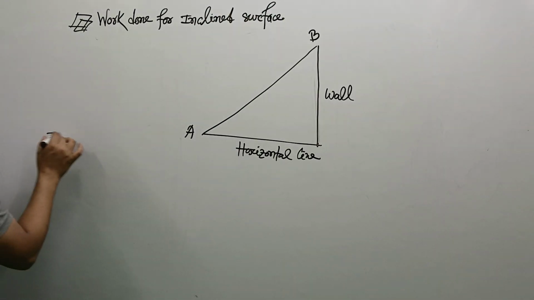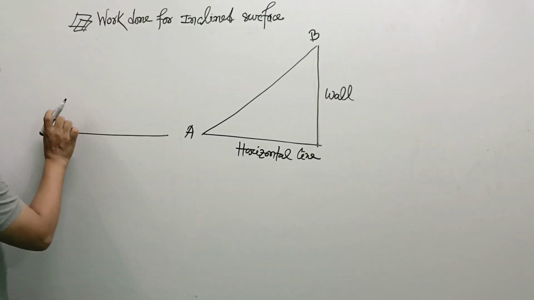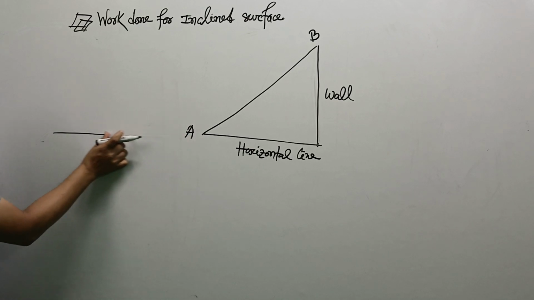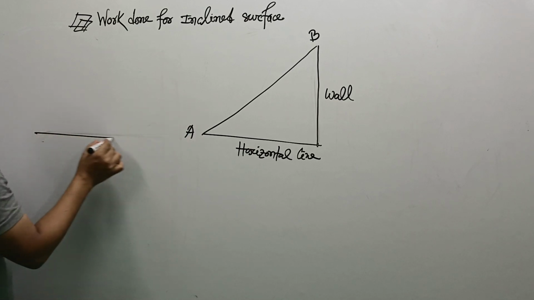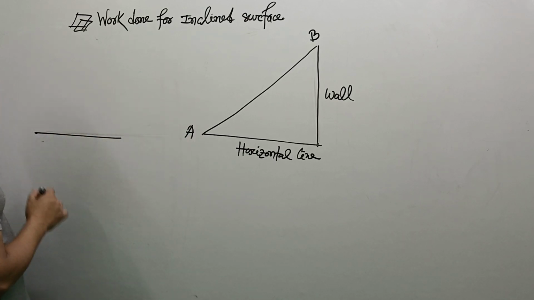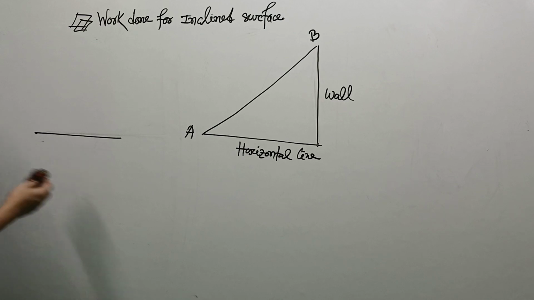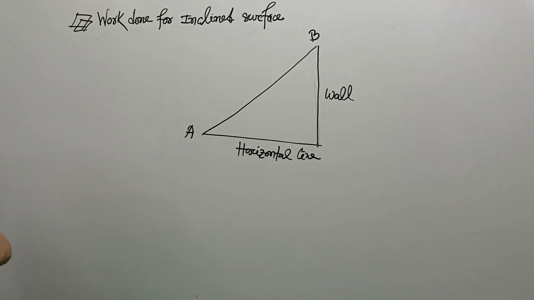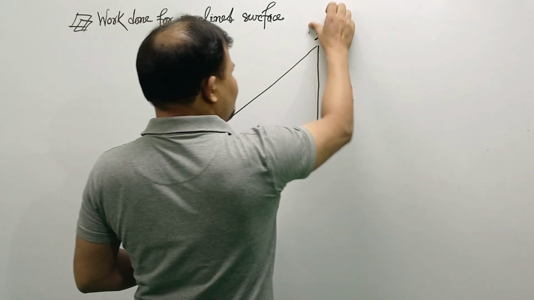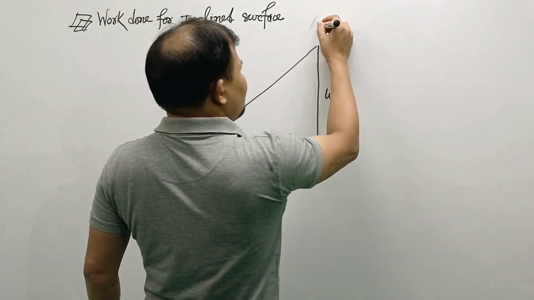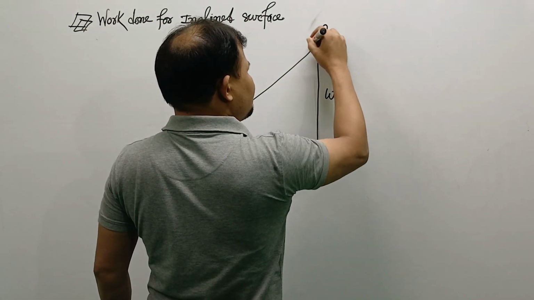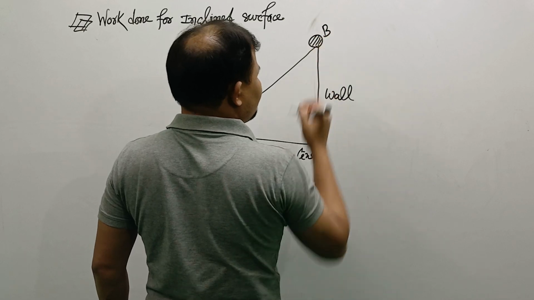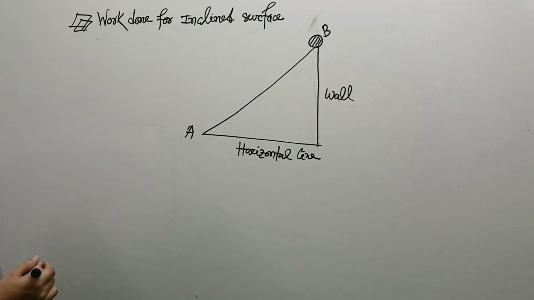Here we also give you another diagram. Suppose this is the horizontal surface. Now at first we give the explanation of this diagram, then we write this. Suppose here is an object. Suppose this is the B point, here is an object.